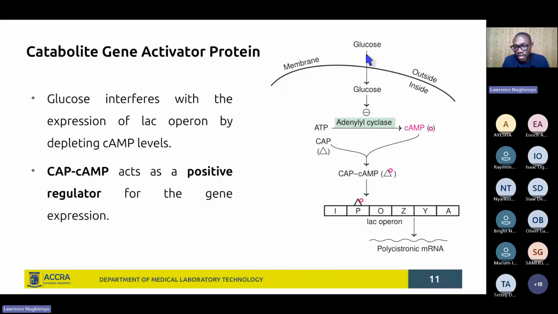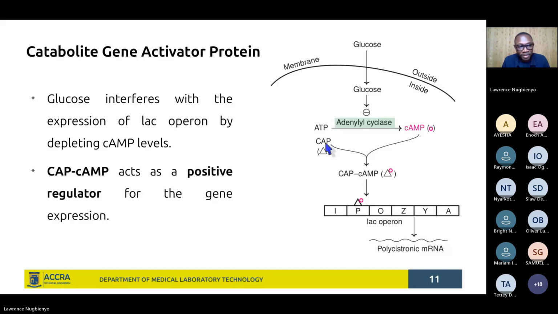So it passes through the membrane and gets into the cell. Now that glucose inhibits the enzyme adenylyl cyclase, which is responsible for the conversion of ATP to cyclic adenosine monophosphate.